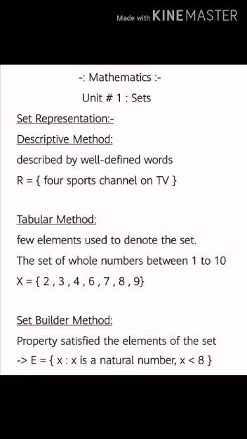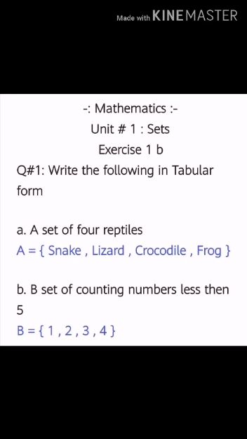Now we will come to our exercise 1b. Question number 1 is: write the following in tabular form. A part is a set of 4 reptiles. First of all, we will give the name to the set in a capital letter.